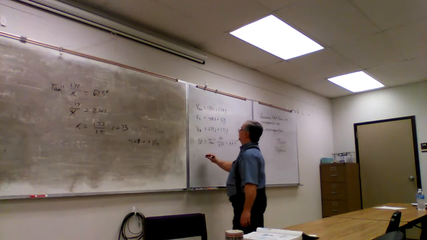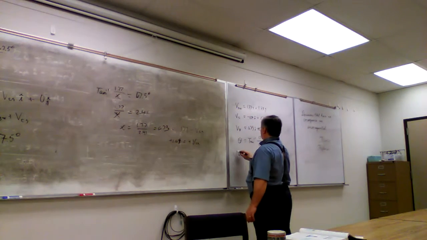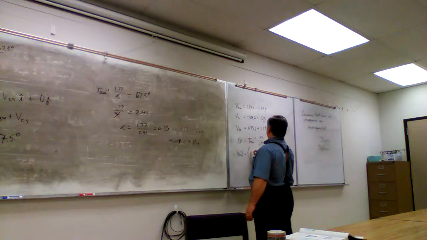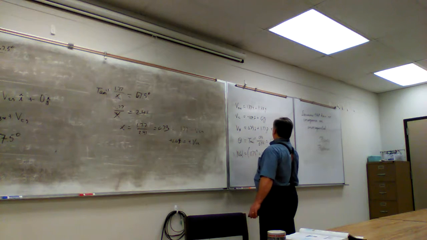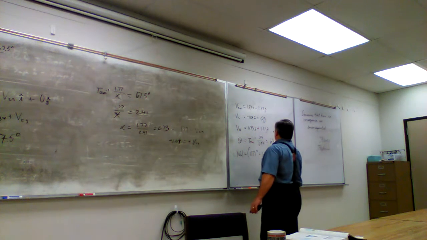And the magnitude of the velocity of the boat then is 0.73 squared plus 1.77 squared.